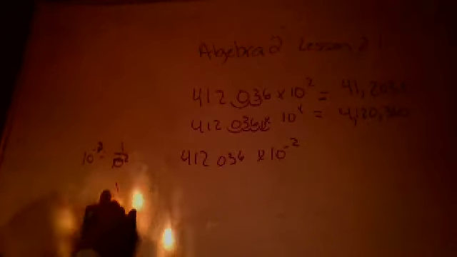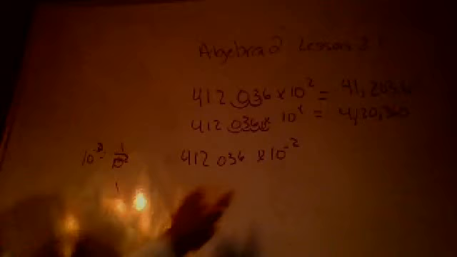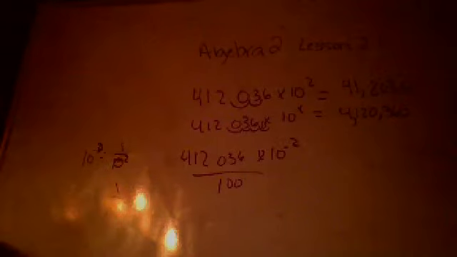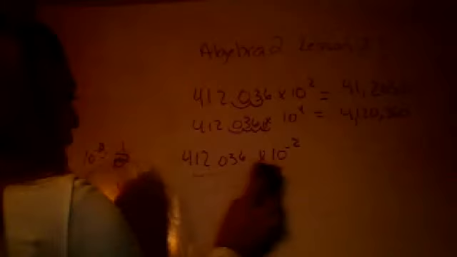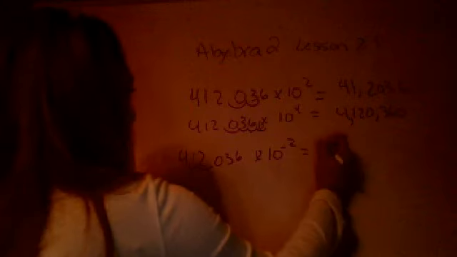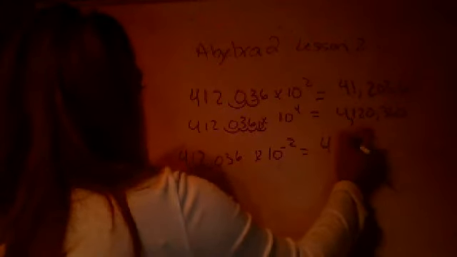Doesn't that mean 1 divided by 100? So basically, you're dividing this by 100 when you have a negative exponent. That's why you move the decimal place to the left. So to get this answer, we're going to move it to the left side. So it's going to be 4.12036.